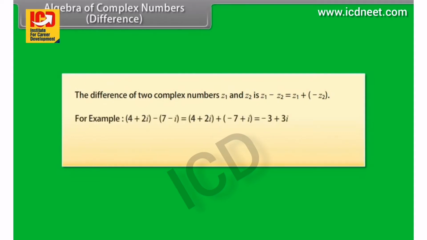For example, 4 plus 2 iota minus (7 minus iota) is equal to 4 plus 2 iota plus (minus 7 plus iota) is equal to minus 3 plus 3 iota. Similarly, 6 minus iota minus (4 plus 2 iota) is equal to 6 minus iota plus (minus 4 minus 2 iota) is equal to 2 minus 3 iota.